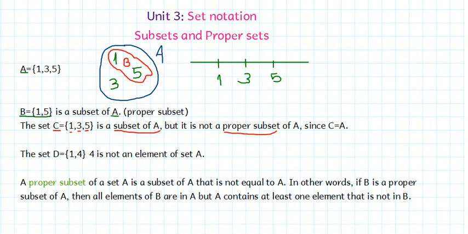Porque todos los elementos de B están contenidos en A, porque 1 y 5 están contenidos en A, pero A, el conjunto, en este caso que tiene más elementos que B, tiene por lo menos un elemento que no está en B, ¿sí? Que en este caso sería el número 3.